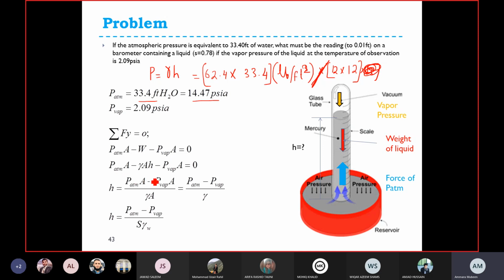And then you can get the expression for this height of liquid in the tube, which is to be found. This is unknown in the question. All other parameters would be known to you except this H value. So you can calculate H through this formula. Okay, any question please?